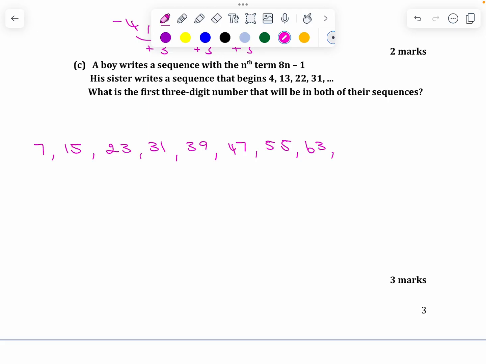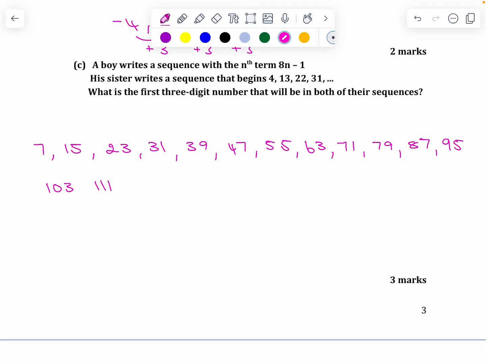And obviously it can be a bit worrying, especially if you go wrong somewhere. So hopefully I don't go wrong here. 71, 79, 87, 95, 103. I'll do one more just in case.